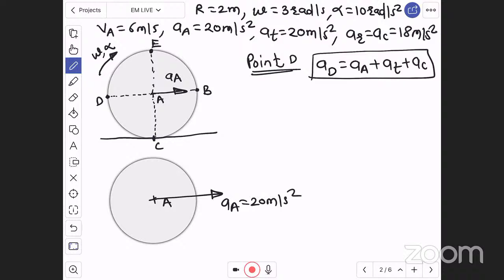With respect to A, point D is towards the west side, that is, the left extreme point. Therefore, this point D will be having acceleration of A as it is, which is 20 meter per second square, with the same direction. Direction भी change नहीं होगा.